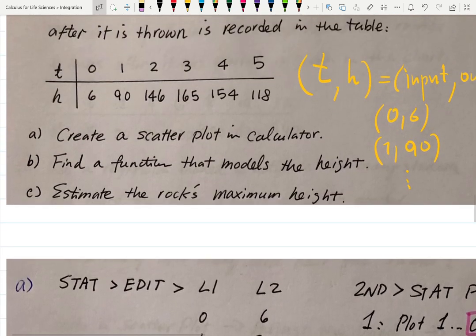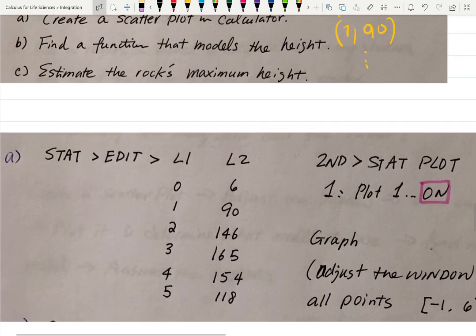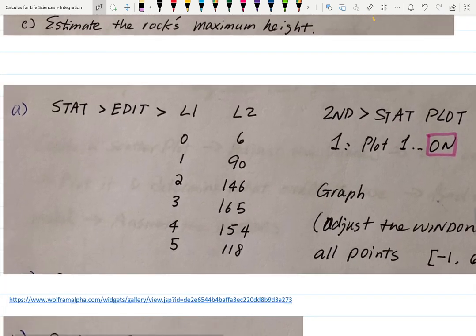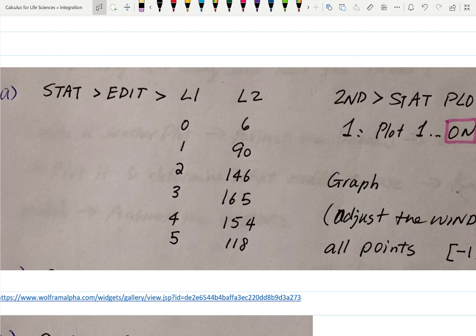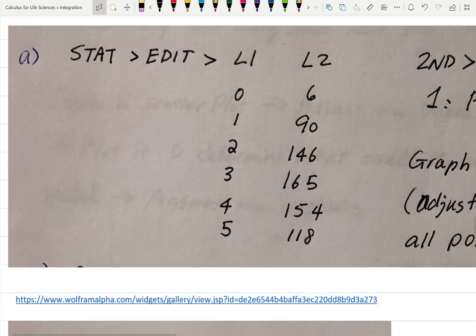You use graphing calculators because my country did not have graphing calculators when I was learning this. So I like using computers, Python, R, Wolfram Alpha, MATLAB, anything you can use is good. But since you all own graphing calculators because it's required, here it is. Here are the directions on how to plot the table of data points, so you can do it right now.